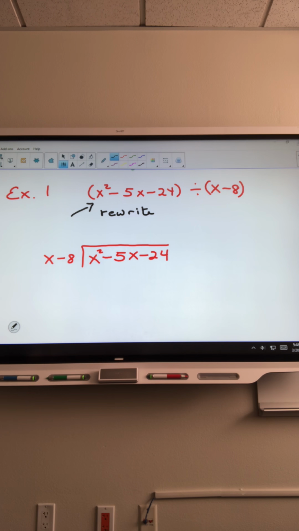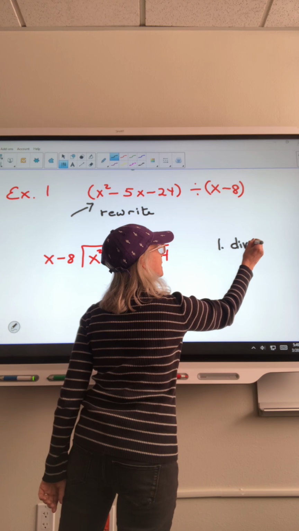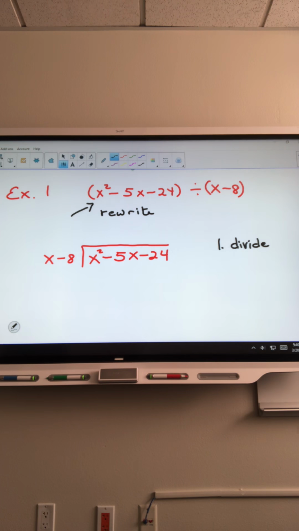And so we just begin by thinking about how you divide. And so when you divide, the first thing you do is actually you divide. So I'm going to write some additional steps over here to help you keep track of what we're doing. So we divide this first term into the first term.